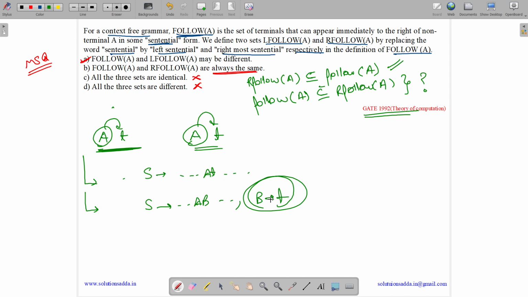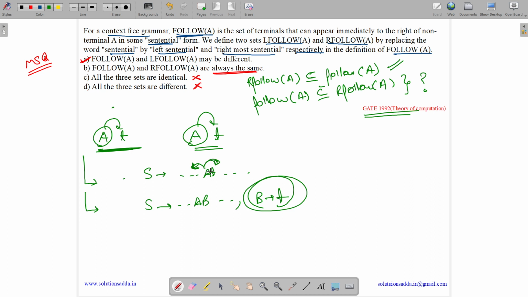Okay, now since we are looking at the immediate right terminal in sentential form, it means leftmost derivations cannot produce the terminal we need. We are looking at the immediate right, so the leftmost one cannot produce it, since A will be reduced before we do the production. Thus, with leftmost we have nothing to do.